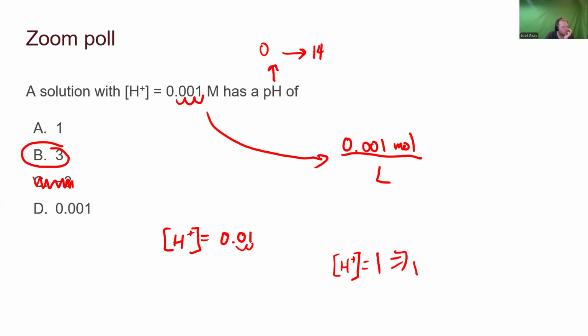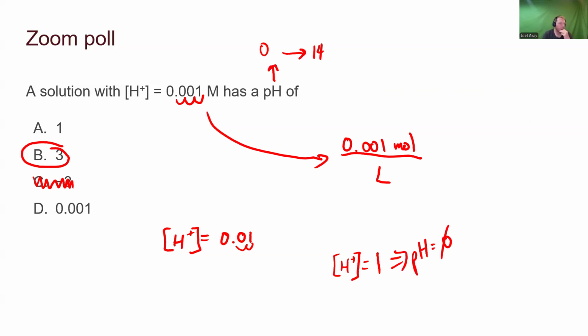Yeah, this would be pH equals 0. Now, one of the things that's important to understand about pH is you're rarely, if ever, going to have a solution with a hydrogen ion concentration of 1. So you're not going to have 1 mole of hydrogen ions per liter. And in your body, you're also not going to. So that's something to consider there.